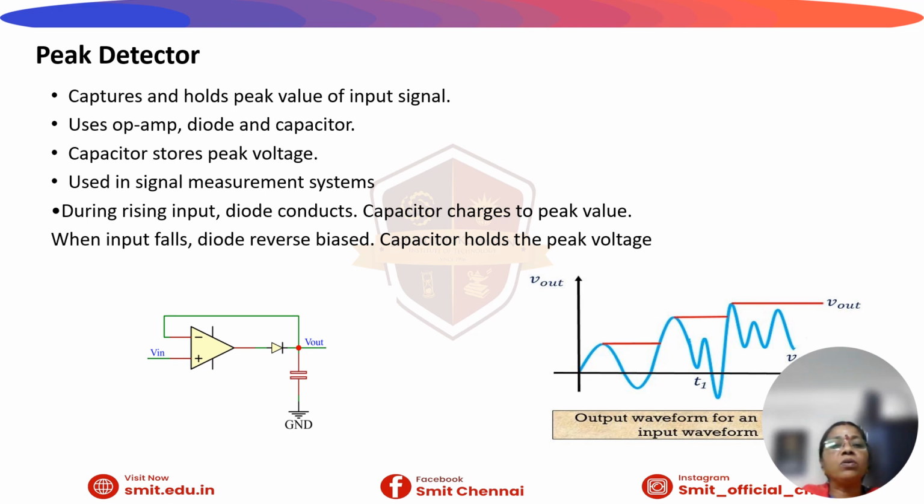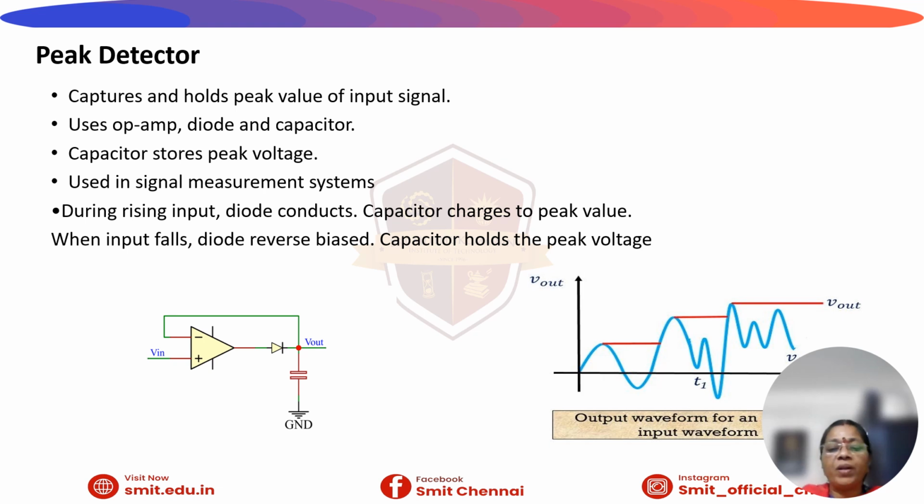So input is given to the non-inverting terminal and output is fed back to the inverting terminal, thus acting as a voltage follower. A diode is connected at the output of the op-amp and a capacitor is connected at the output to the ground level. Using an op-amp instead of a simple diode capacitor circuit improves the accuracy by eliminating the 0.6 volt diode forward voltage drop. So now how does it work?